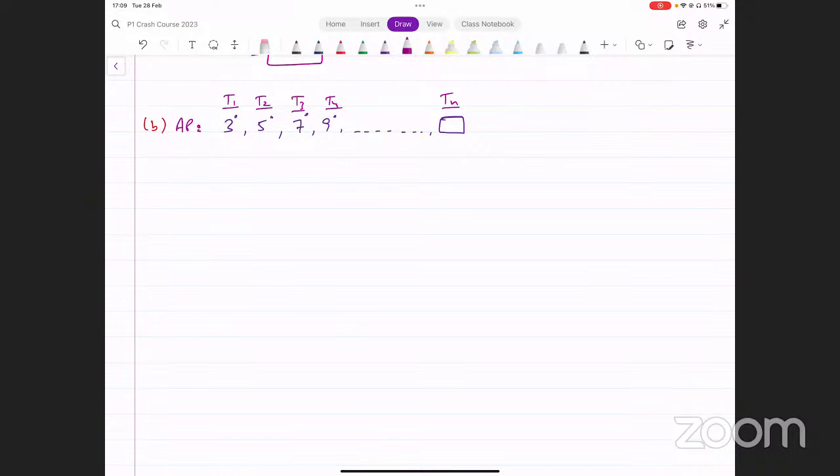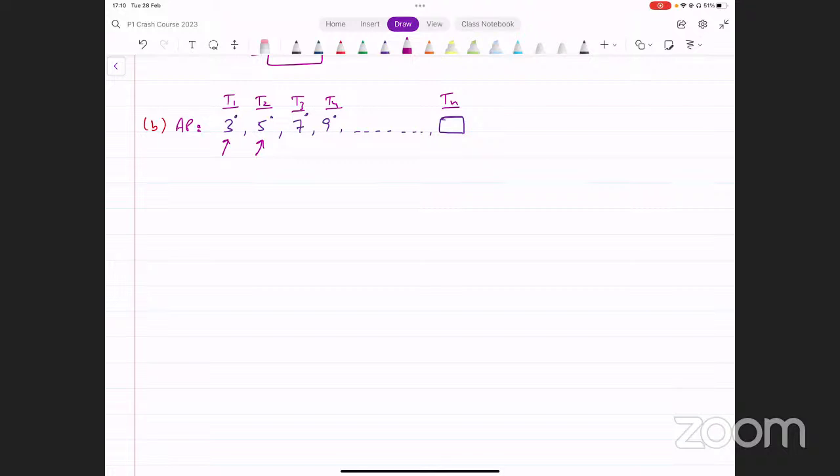Now think about it. This is an arithmetic progression. And these sectors are coming from a full circle. So if one angle is 3 degrees, the next angle is 5 degrees, the next after that is 7, and so on. What is going to be the sum of all angles in the circle?